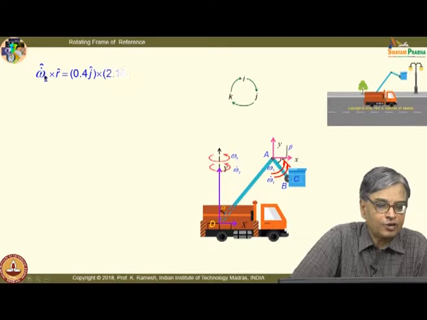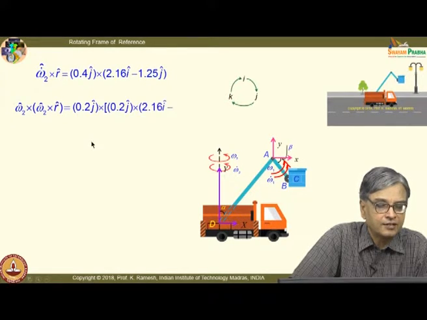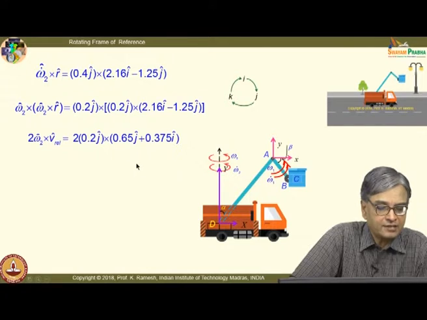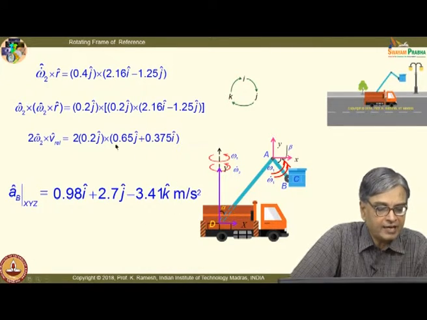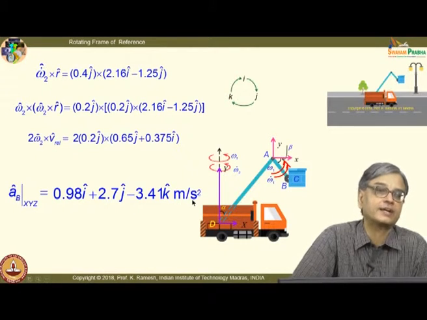Here again, I follow this practice, individual terms I write, so that you can also verify them when you want to check your answers. And I have not simplified them, I have finally obtained the acceleration as 0.98 I plus 2.7 J minus 3.41 K meter per second square.